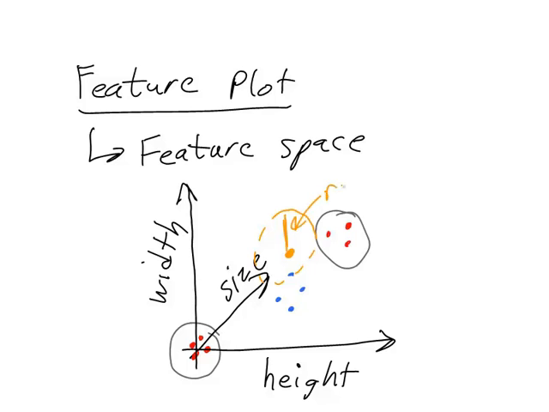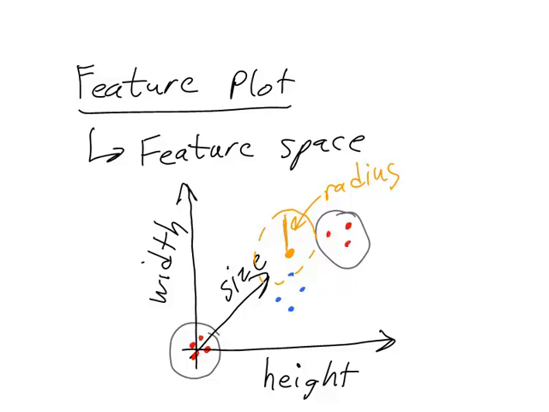This is a radius. Any objects that fall within a sphere or a circle, depending upon how many features we are using in our feature space, will be identified as an object that we are interested in. And any objects that fall outside of this sphere or circle will be identified as an object that we are not interested in.